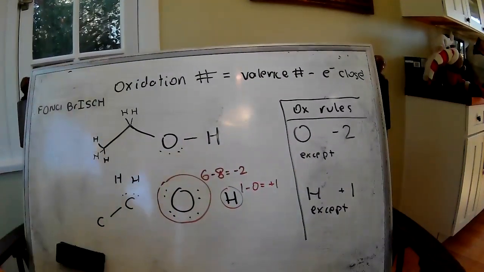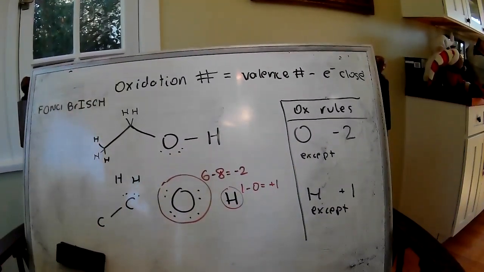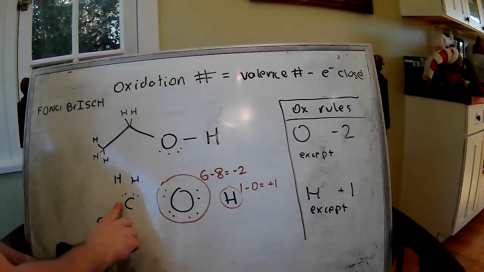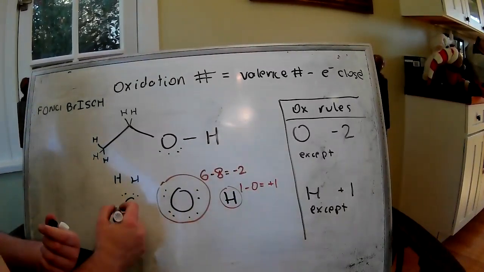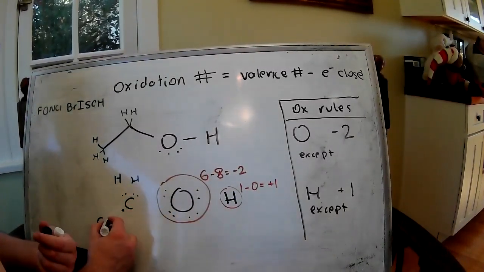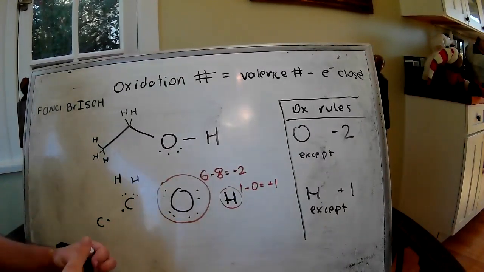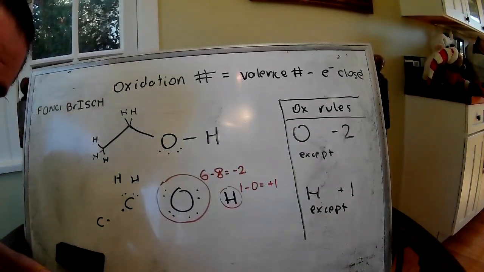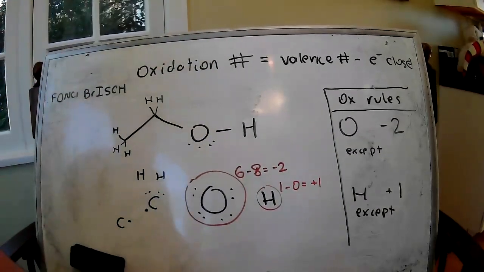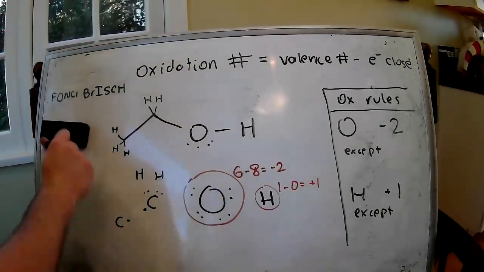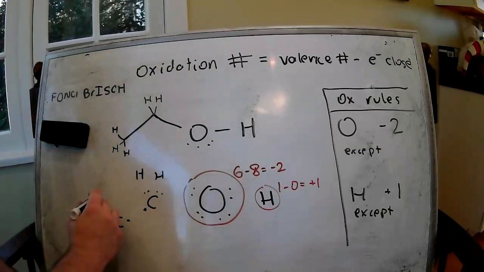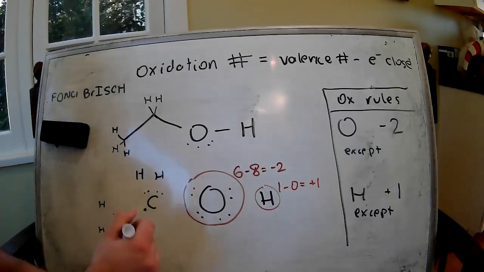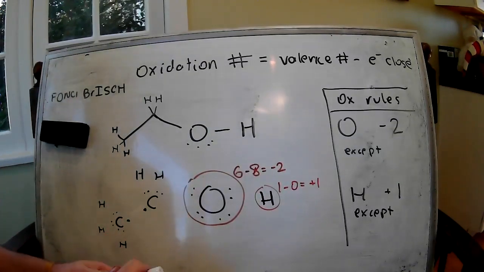Now in a carbon-to-carbon bond, we're going to have no such thing happening. And so this carbon and this carbon, they're each going to be getting 1 electron. And then for our other carbon, it's going to have 3 hydrogens. It's going to be stealing all the electrons from them. Let's go ahead and circle them.